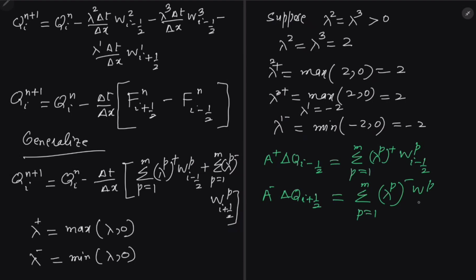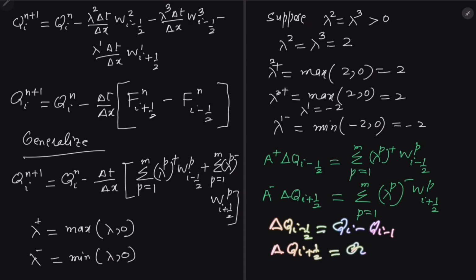Since all the information is traveling from right to left, for negative waves we should have W^p_{i+1/2}. This A plus means all the eigenvalues have positive speed, and A negative means all eigenvalues have negative speed. Delta Q_{i-1/2} means the difference between Q_i and Q_{i-1}, and for delta Q_{i+1/2} we have, for example, Q_{i+1} minus Q_i. That's how we generalize it.